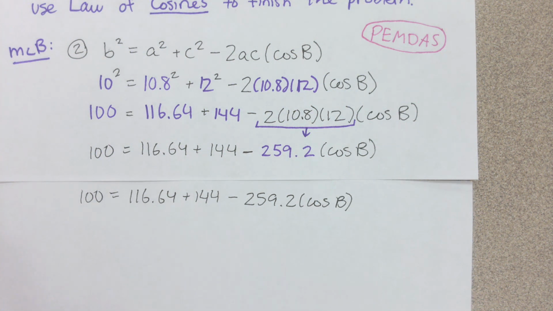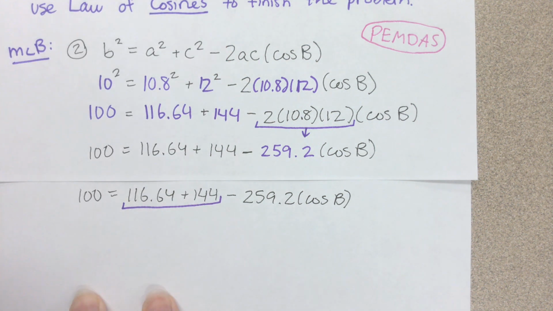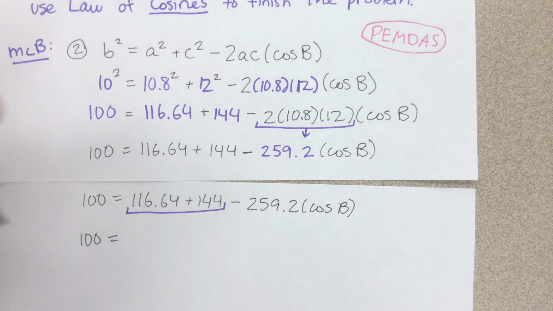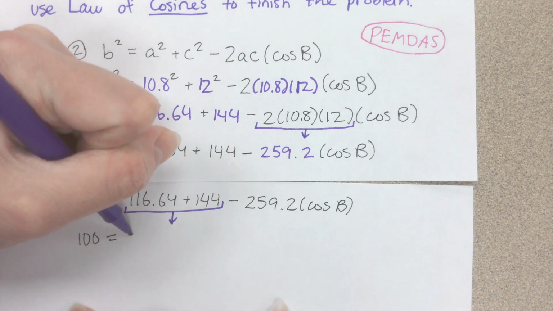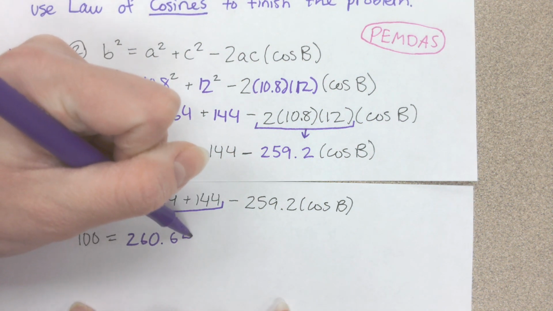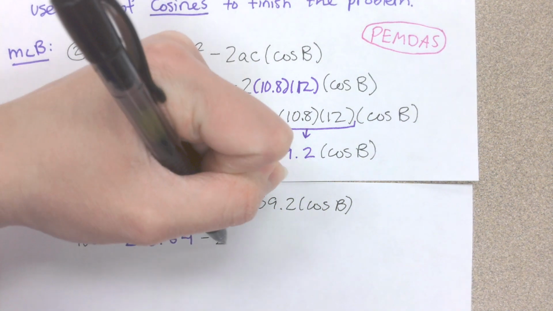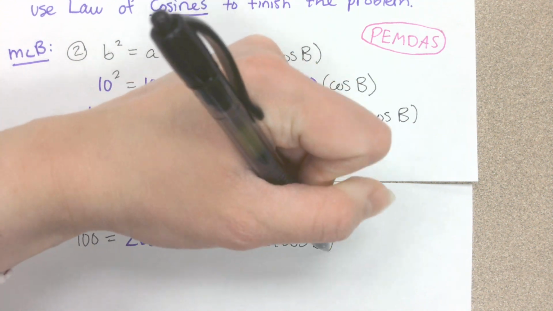I have addition here, so I'm going to add these two numbers together. We have 100 plus 116.64 plus 144 equals 260.64. And then bring down minus 259.2 cosine of b.